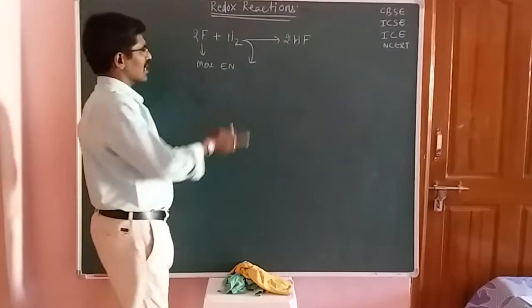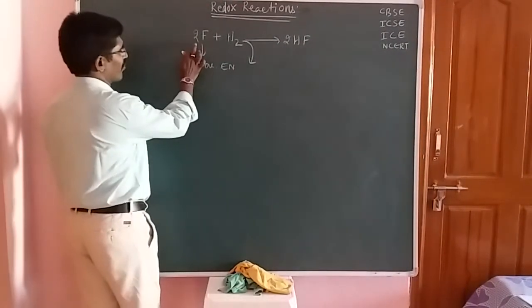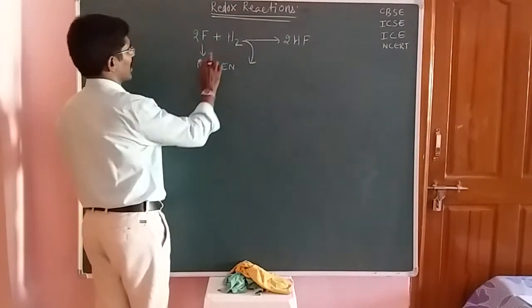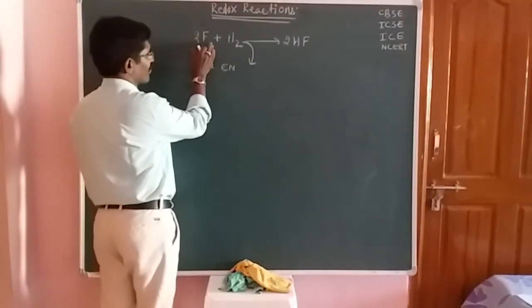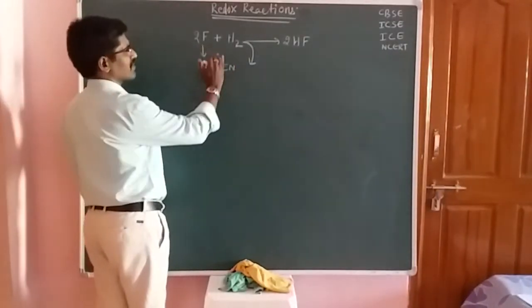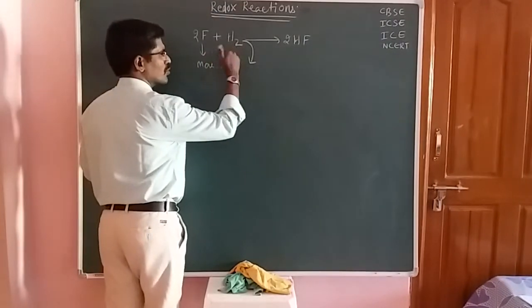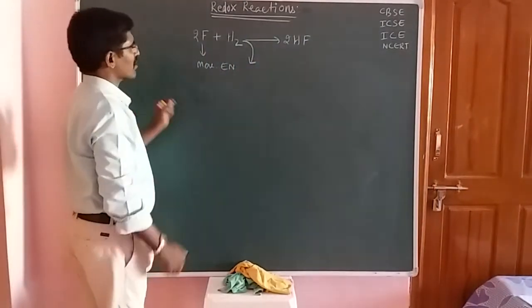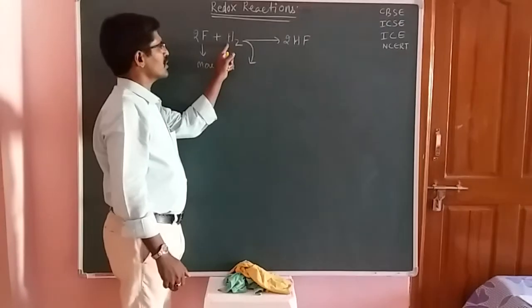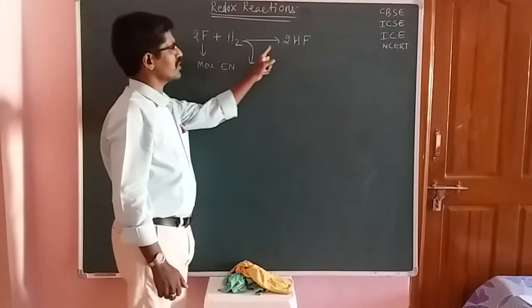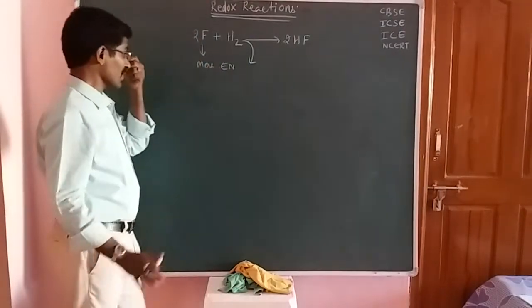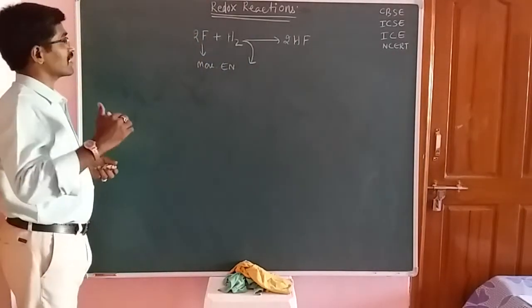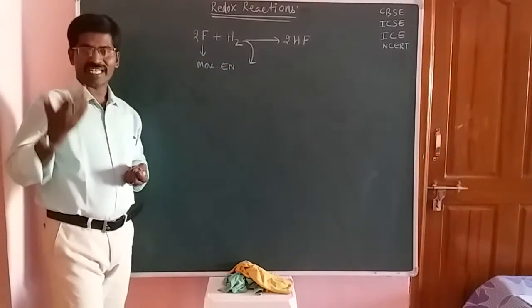So in this reaction, fluorine gains the electrons and hydrogen loses the electrons. Electrons are shifted from the hydrogen atom to the fluorine atom, which is converted into 2 moles of HF molecule. Okay, students, this is the best example of a redox reaction.